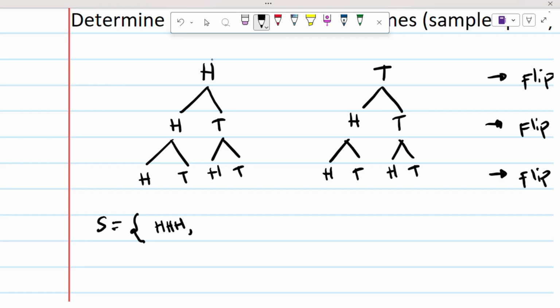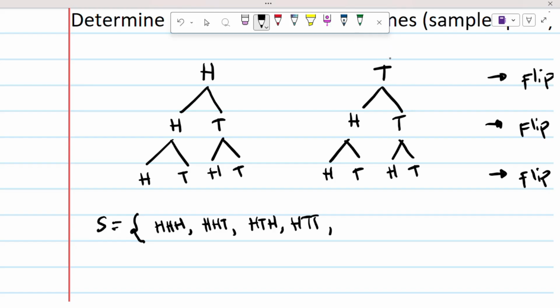Another: if our first flip is head, our second flip is head, and our third flip is tail, we have the outcome head, head, tail. Another: if our first flip is head, our second flip is tail, and our third flip is head, we have our third outcome, head, tail, head. Another: if our first flip is head, our second flip is tail, and our third flip is tail, we have head, tail, tail.